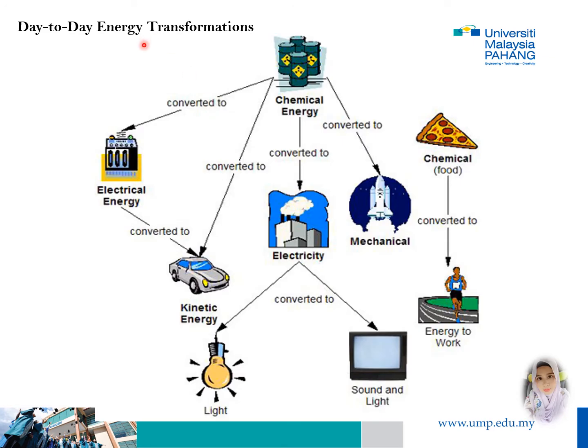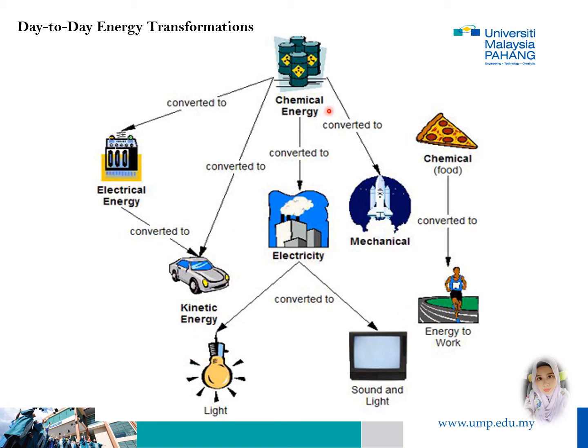The figure shows the transformations of energy. For example, gasoline, which is chemical energy, is converted to electrical energy in the battery, which can provide mechanical energy and cause the car to move.